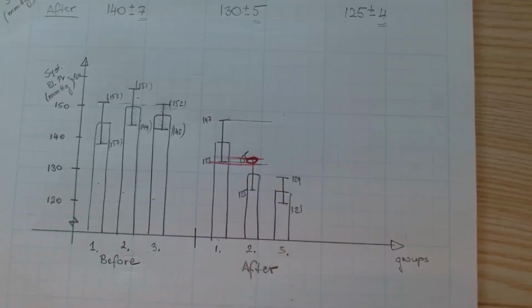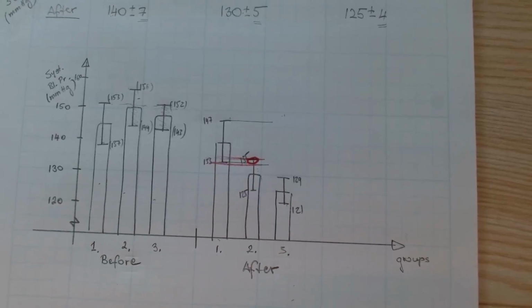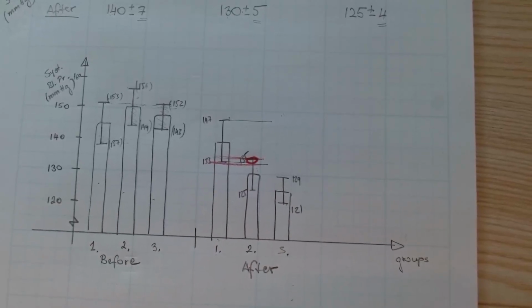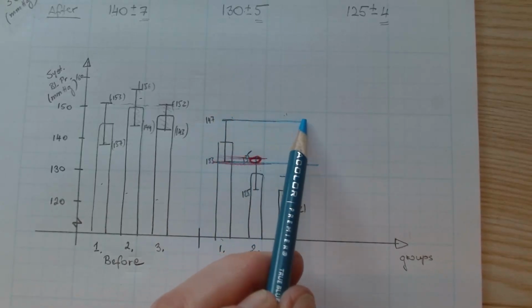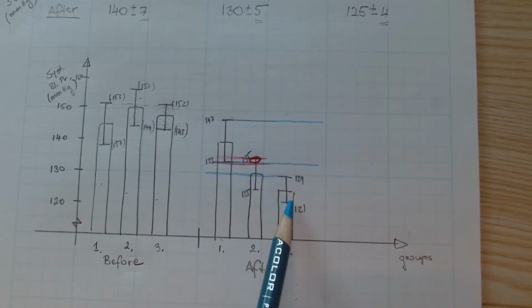On the other hand, the error bar does not overlap with group 3 who gets medication 2, because this error bar goes here and that goes over there, so the error bars do not overlap.